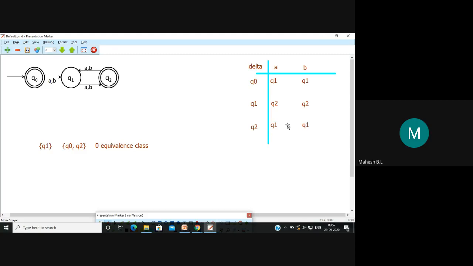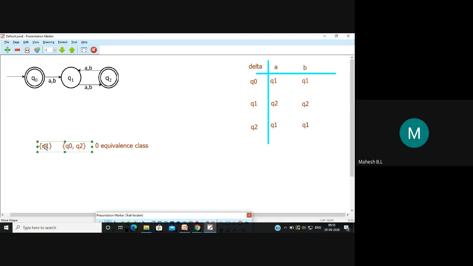So there is no difference between Q0 and Q2 with respect to the transition. That's why they are in the same equivalence class. Now you know that this cannot be divided further.